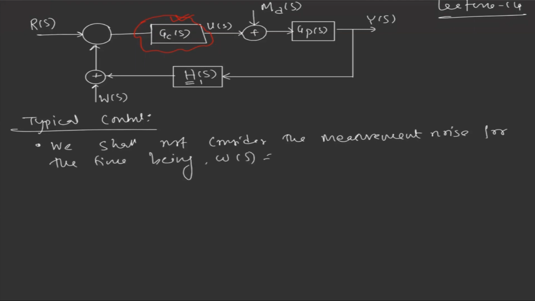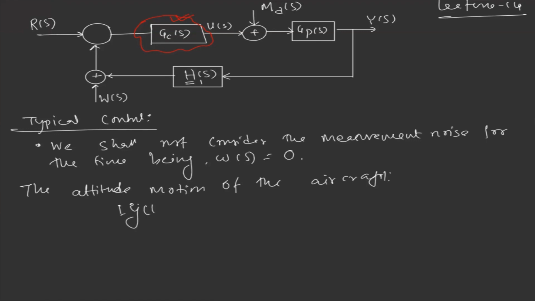So W is equal to 0. In this assumption, the attitude motion of the aircraft, we can write I y double dot of t equal to U of t plus the disturbance.